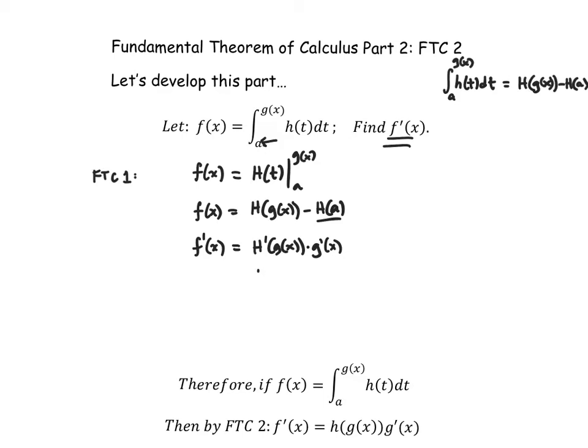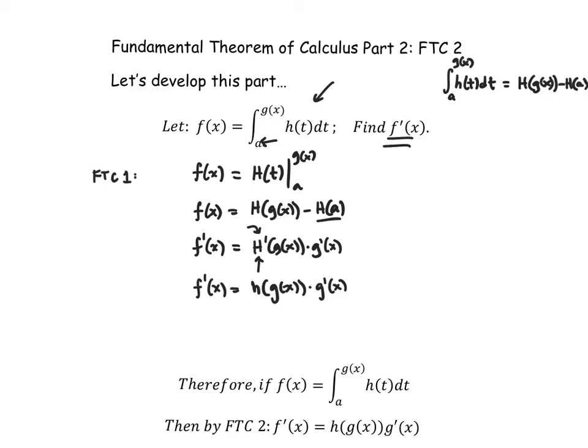Now, I want to get rid of big H prime. I don't like that notation, and I don't see it in the original expression. By definition, big H prime is equal to h, as we talked about earlier with the first part of the fundamental theorem. So there you have it: f prime of x is h of g of x times g prime of x.